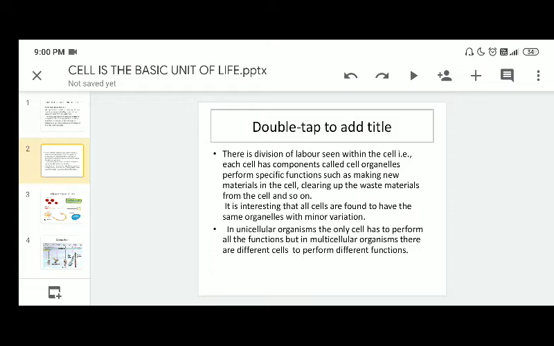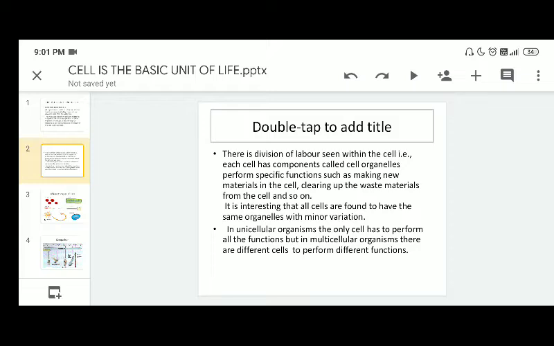There is division of labor seen within the cell, that is, each cell has components called cell organelles that perform specific functions such as making new materials in the cell, clearing up the waste materials from the cell, and so on. It is interesting that all cells are found to have the same organelles with minor variations.